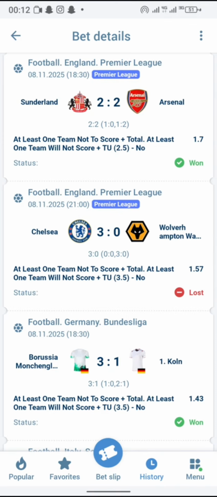Both teams scored in this match, and at the end of the match, we had 4 goals. Actually, the number of goals doesn't even matter. As long as you're going for the no option and both teams have scored in the match already, you've won. But it was still successful.